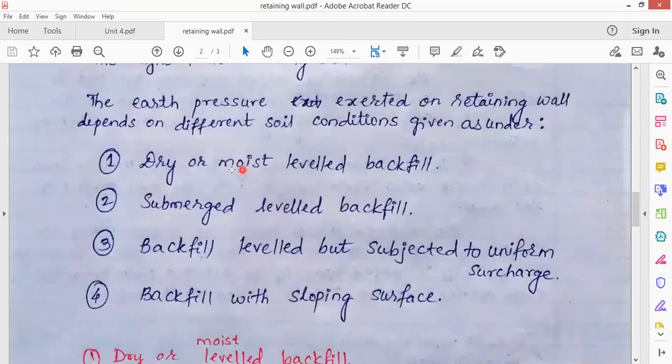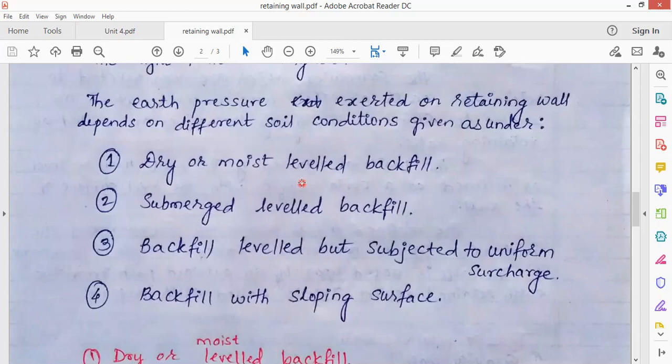So first one is dry or moist level backfill. Means there will be even or leveled backfill behind the retaining wall. That is the first case, and the soil will be completely dry. There will not be any water content. That is the first condition. Second condition is submerged leveled backfill.